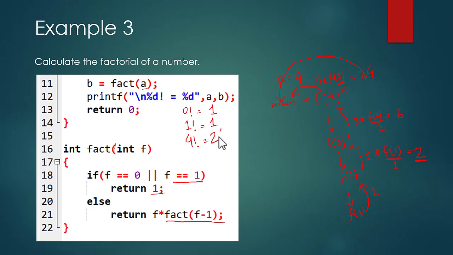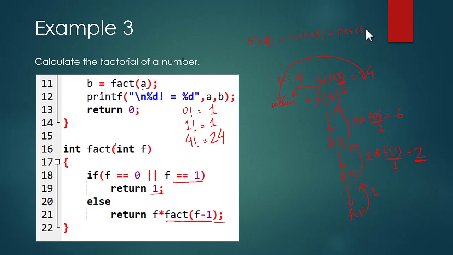So what is the logic of calculating the factorial? This is the same logic we use in mathematics. In mathematics, what do we do? 5 into factorial 4. Then factorial 4 is 5 into 4 into factorial 3. Then factorial 3 is 5 into 4 into 3 into factorial 2.